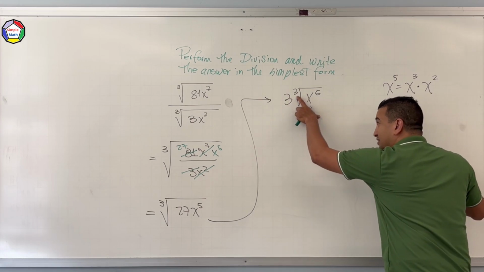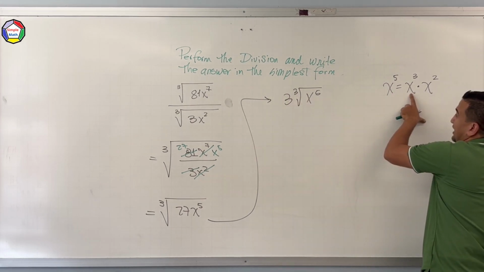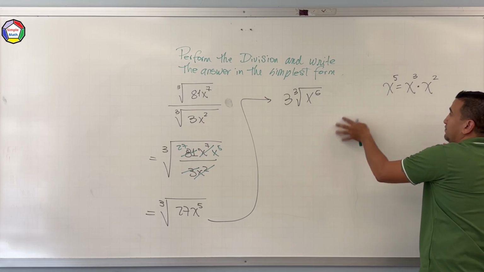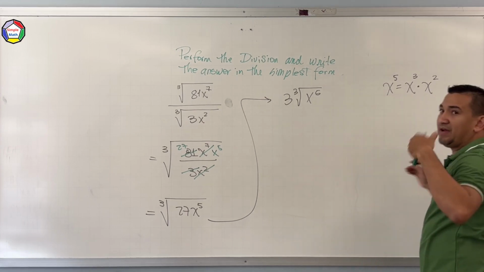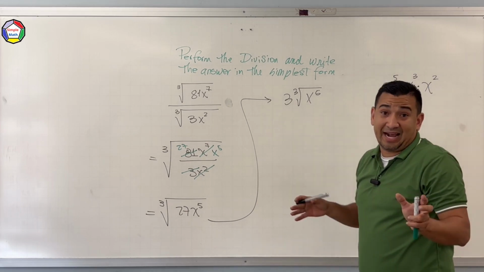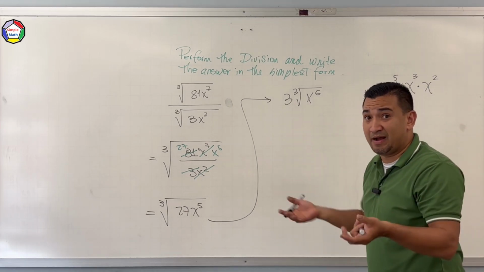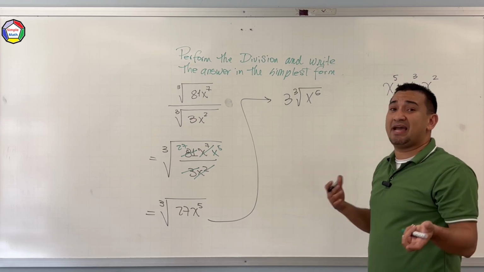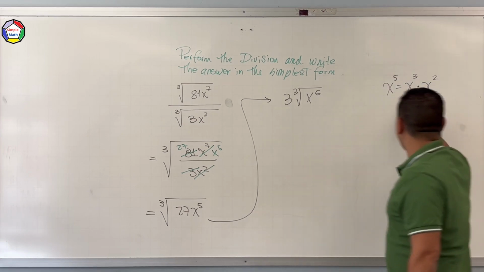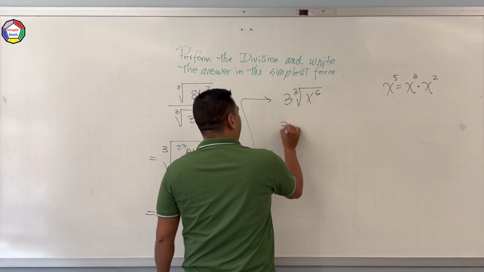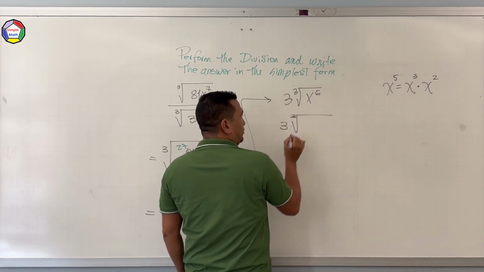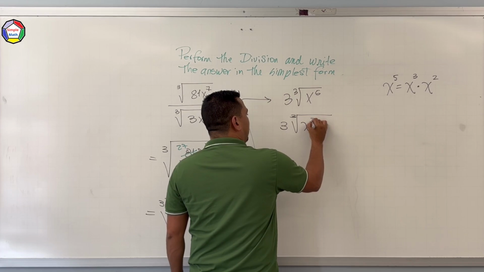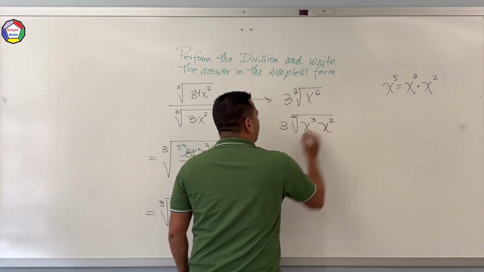The index is 3, so I have to take the cube root of something, and this one has a cube root. What is the cube root of x to the power of 3? It is x. Remember, a cube root of a variable is to divide the exponent of the variable by 3. So I can take this out. So I can say that this is the same as 3 times the cube root of x to the power of 3 times x to the power of 2.